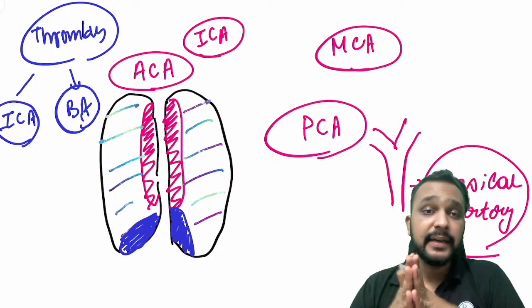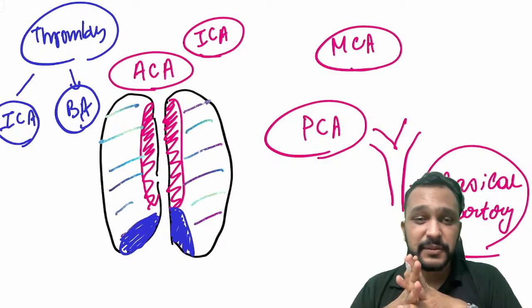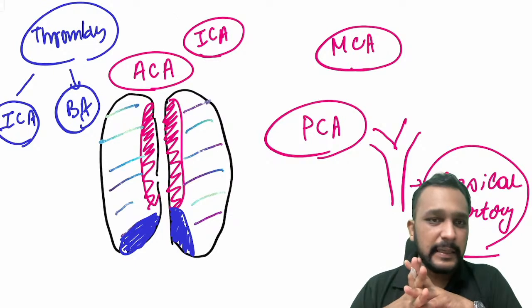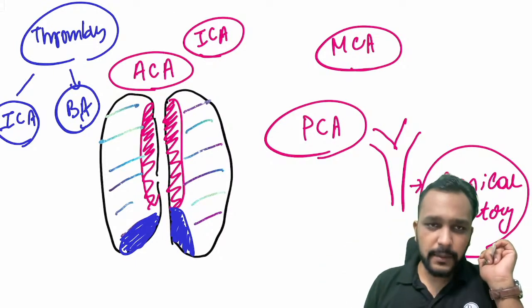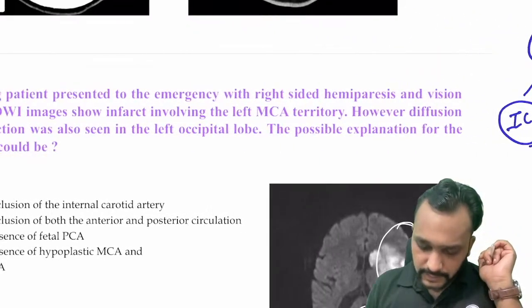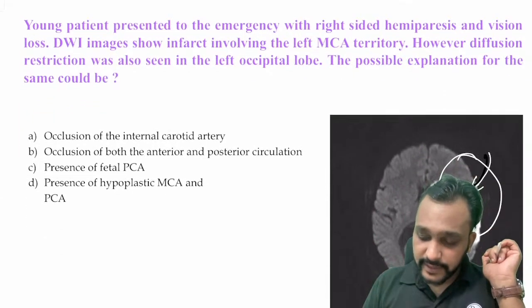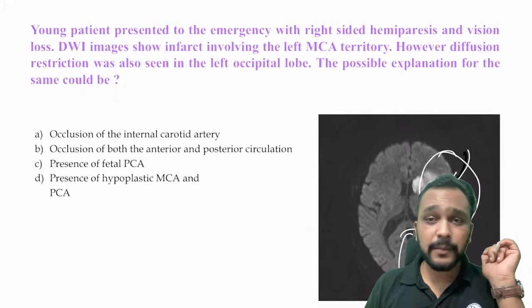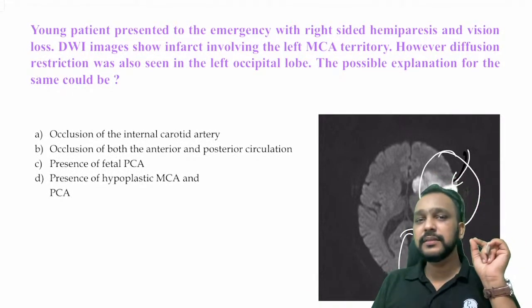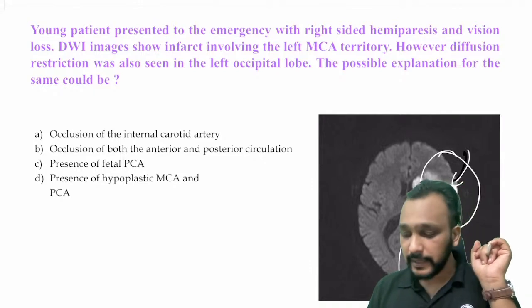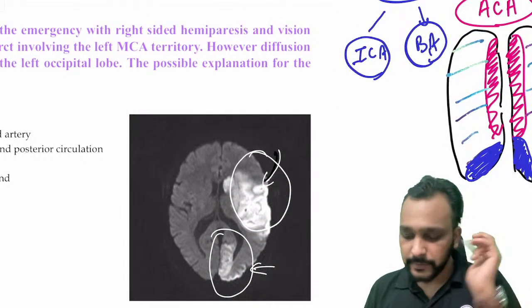But it is highly unlikely that an acute thrombus is present within both the internal carotid artery and the basilar artery. So basically what I'm saying is that it is unlikely to have a posterior circulation stroke as well as an anterior circulation stroke at the same time, and this is what is happening in the patient.